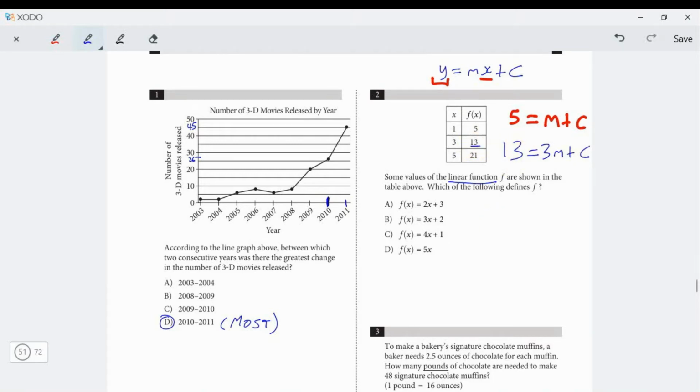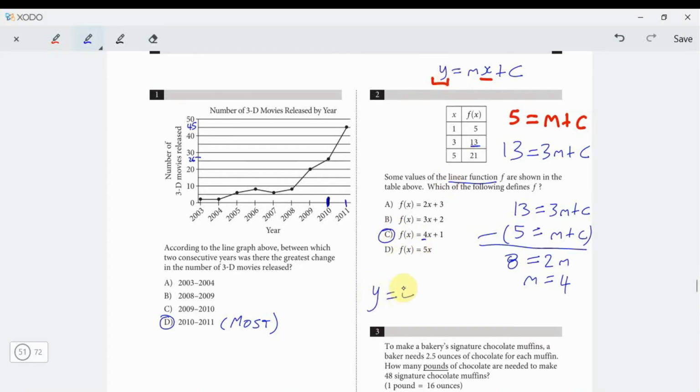So now you notice you have a simultaneous equation to solve. If you subtract the two equations, 13 is 3m plus c and 5 is m plus c, we notice 13 minus 5 is 8, 3m minus m is 2m, so m equals 4. Without even going further, there's only one option where the gradient is 4.